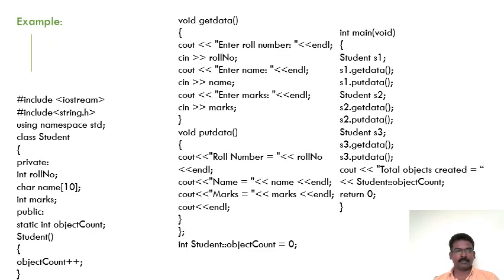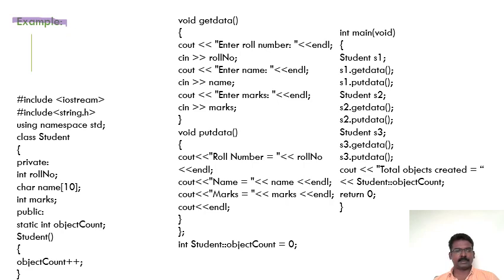So this is an example program for static data member. Here we have created a program to store the details of a student, like roll number, name, marks, etc. After storing the data, we are going to display the data that has been received.